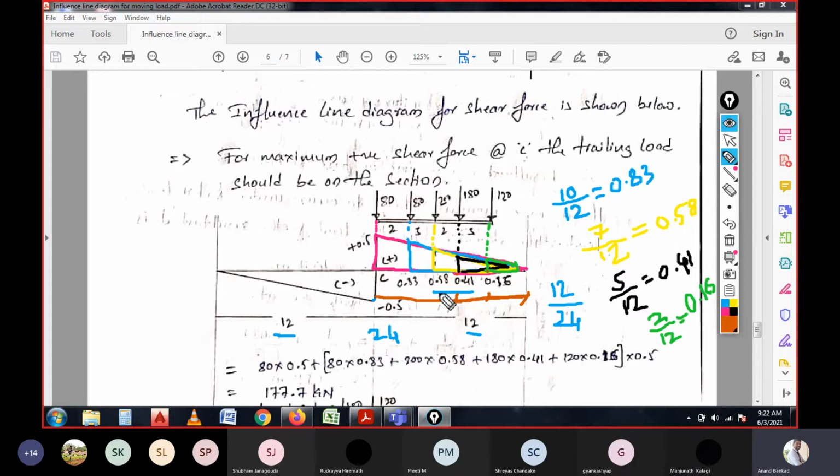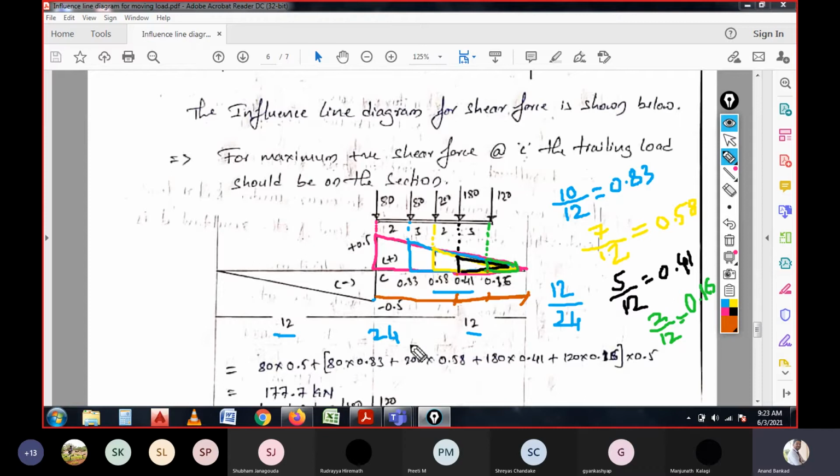That is how we need to have the different distances for each section, measured from the total support. So these are the coefficient values that we have to multiply with the intensity of load to get the value for shear force.